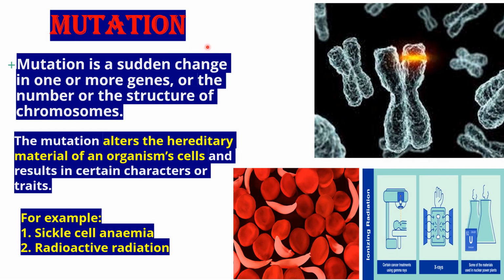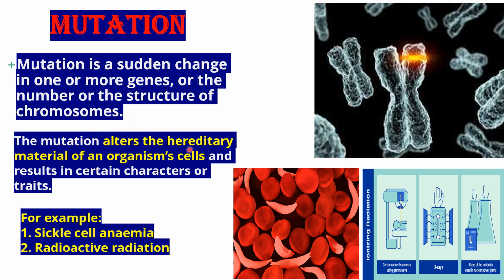Mutation. What is the definition of mutation? Mutation is a sudden change, very important, sudden change in one or more genes or in the number or the structure of chromosomes. It is called mutation. You have to remember this term, sudden change in one or more genes or in the number or the structure of chromosomes.